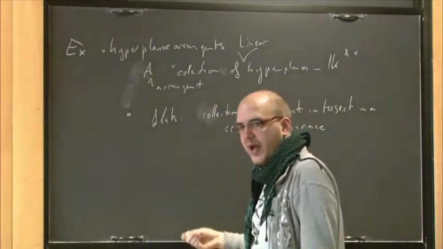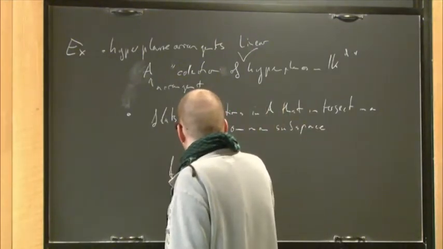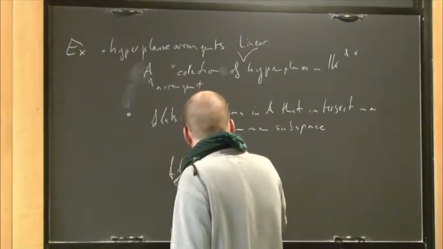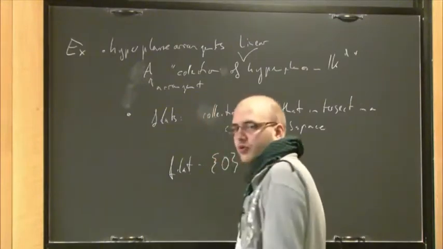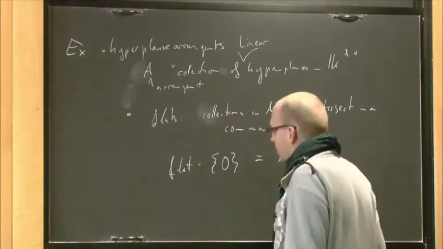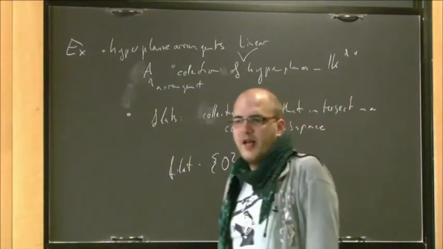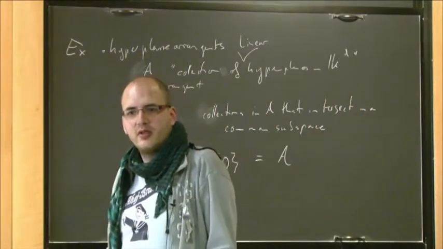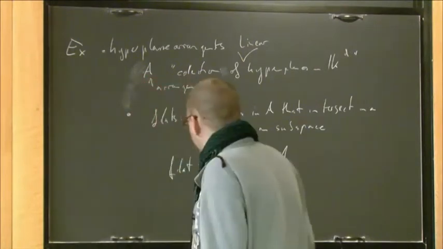So for instance, the flat corresponding to the origin would be everything, right? The flat corresponding to the surrounding vector space would be nothing, right?